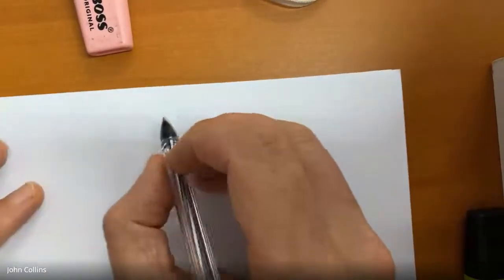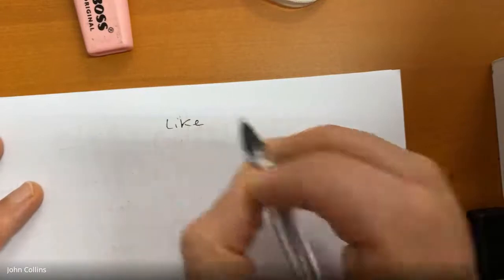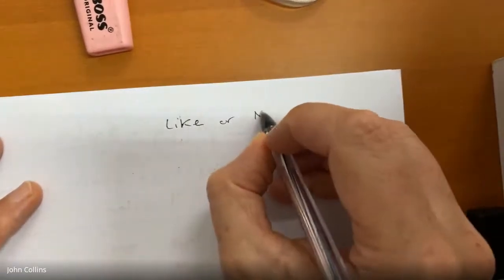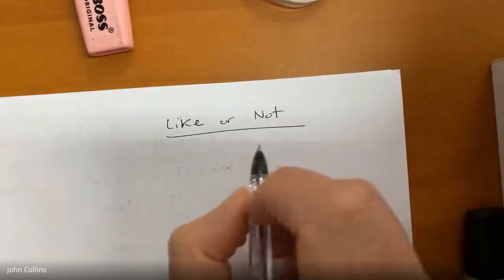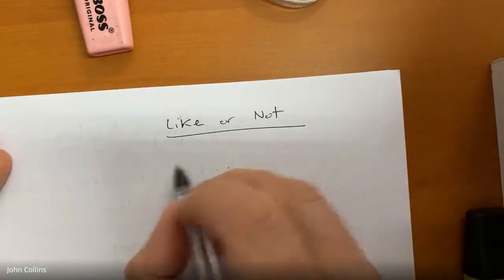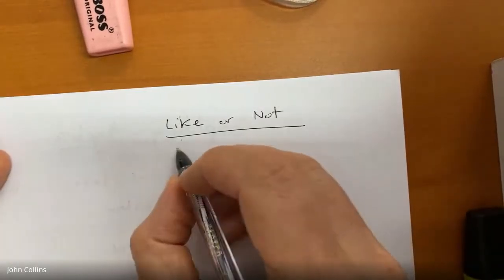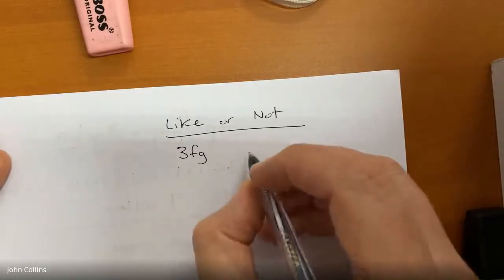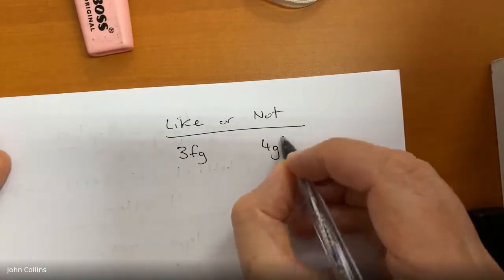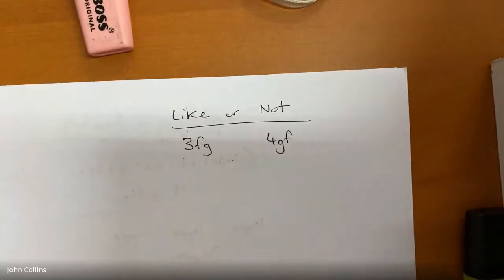So we're going to go through a little competition here. Not a competition, but I'm just going through 3 things. Right. So if I have the term 3fg and 4gf, are they like terms or not like terms? Type in the chat. Like or not?